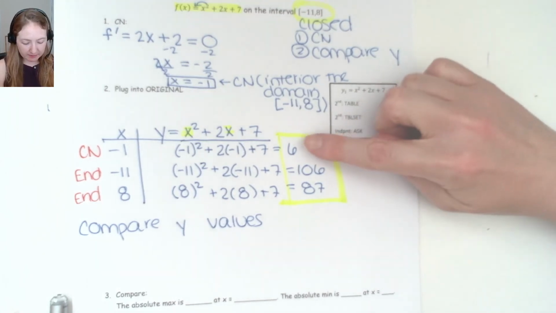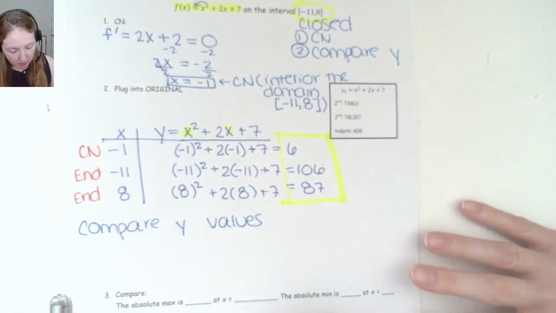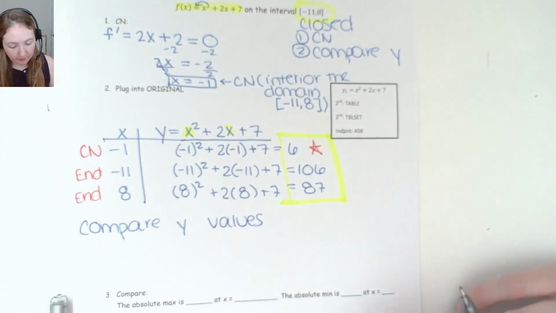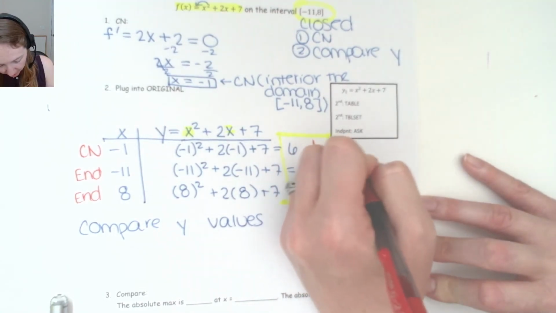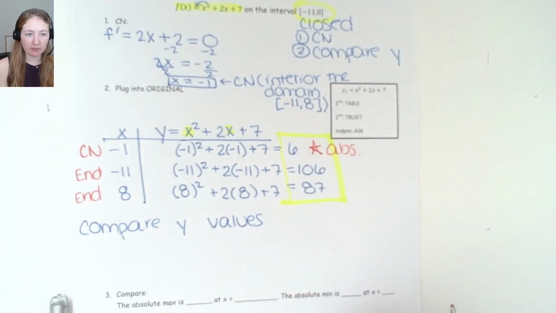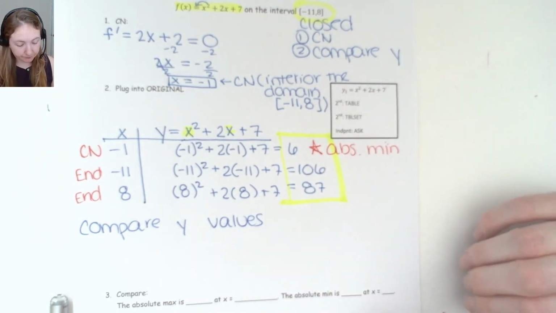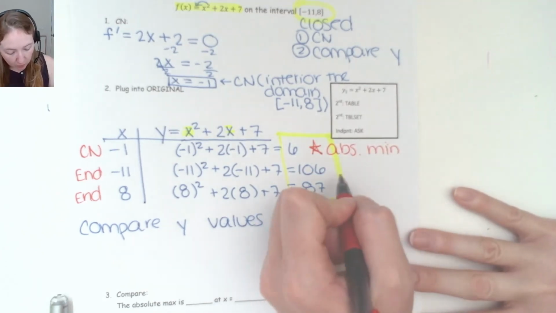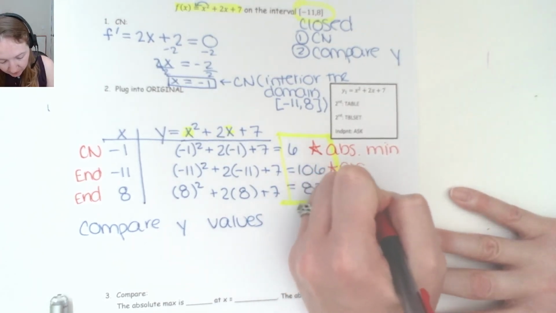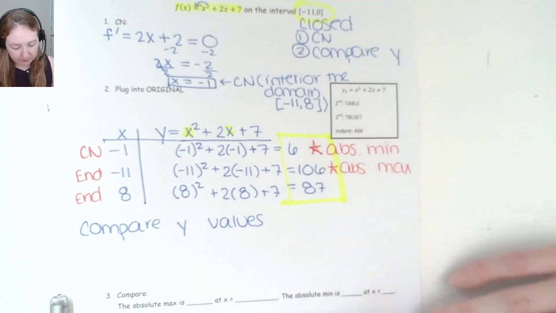So here, looking at 6, 106, 87, the smallest y value is 6. So that is our absolute, you will notice it's not relative here, it's now an absolute. Excuse me, that is our absolute minimum. And then the largest y value is this 106. So that is our absolute max.